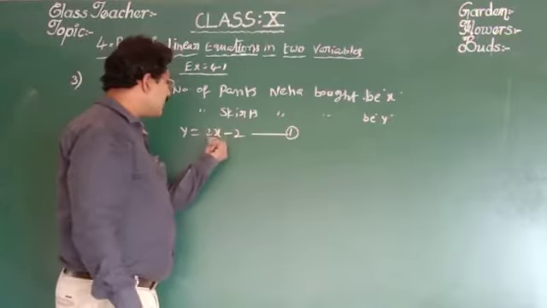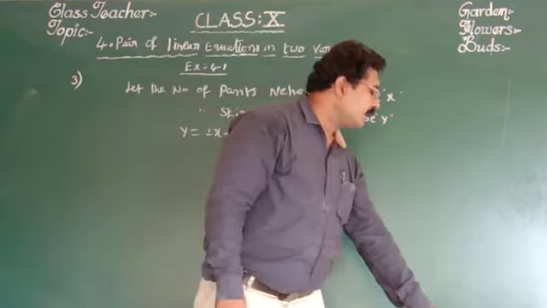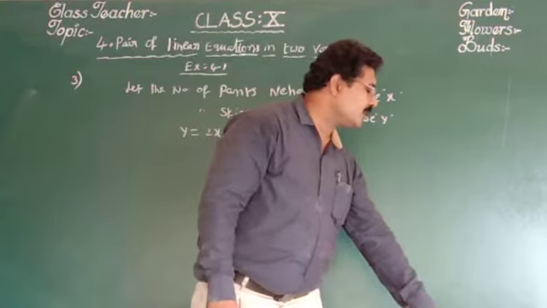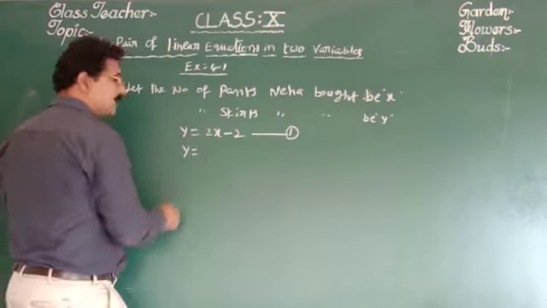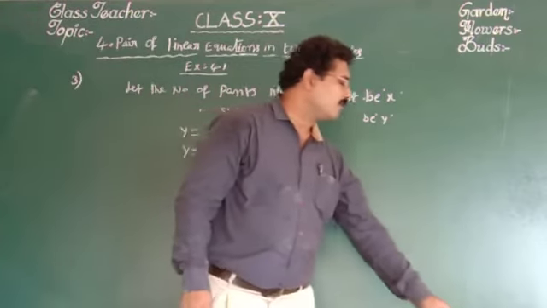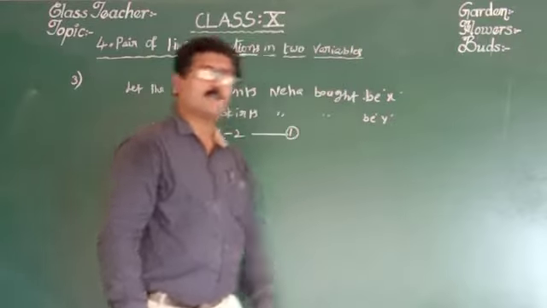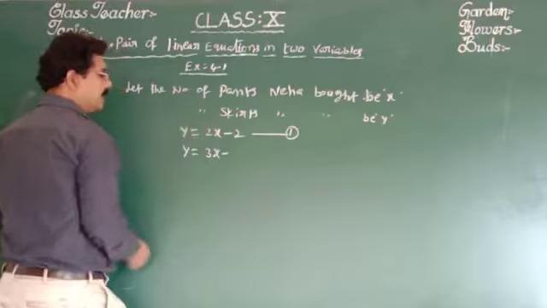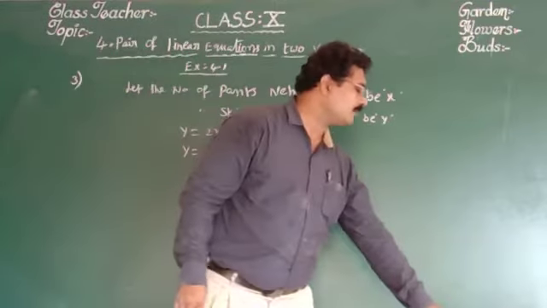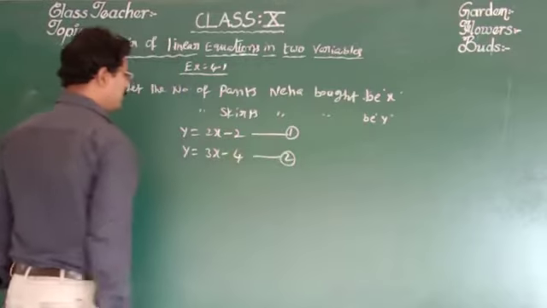Next, also the number of skirts is 4 less than 3 times the number of pants. 3 times the number of pants means 3x, minus 4. Call it equation number 2.